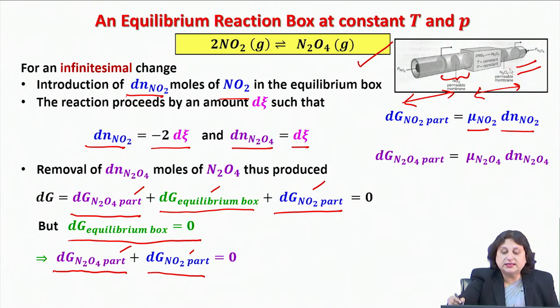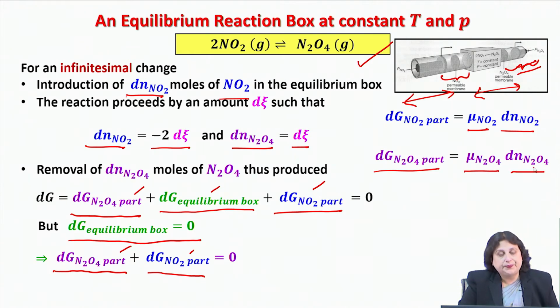Similarly, on the other side, that is on the N2O4 part, you have gained the N2O4 molecules, and therefore the corresponding change in Gibbs free energy would be mu of N2O4 multiplied by dN of N2O4.